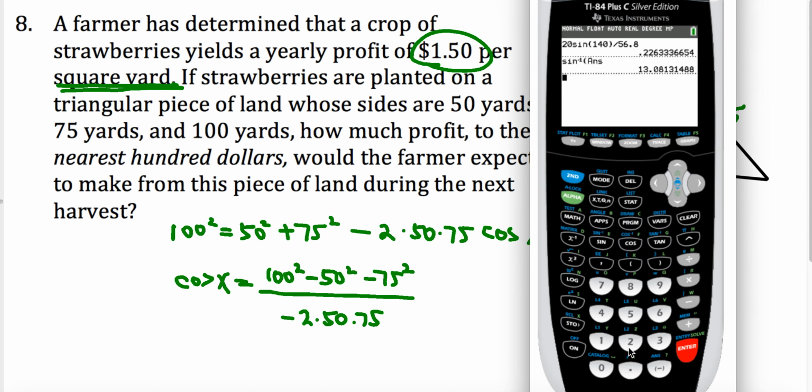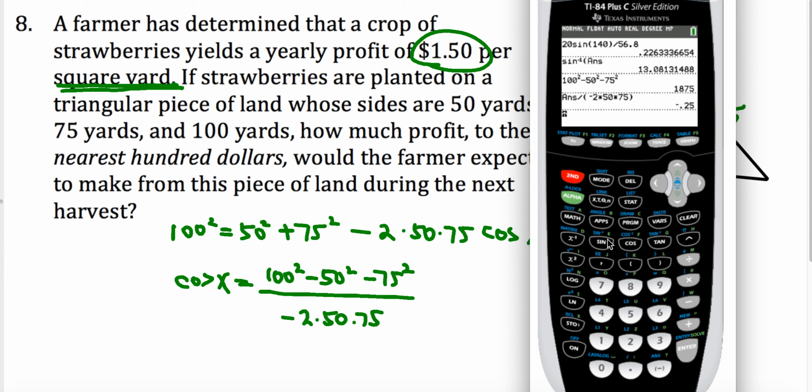So if you have to put that into the calculator, 100 squared minus 50 squared minus 75 squared, and then I'm going to divide it by negative 2 times 50 times 75. And that's the value that we end up getting.